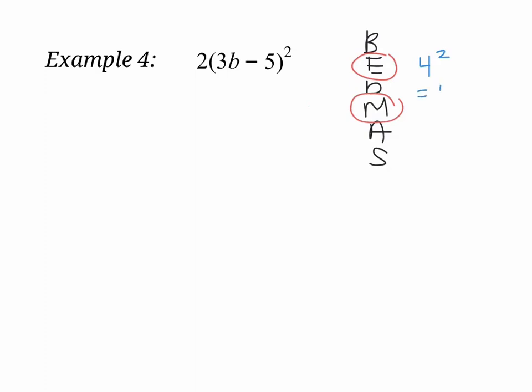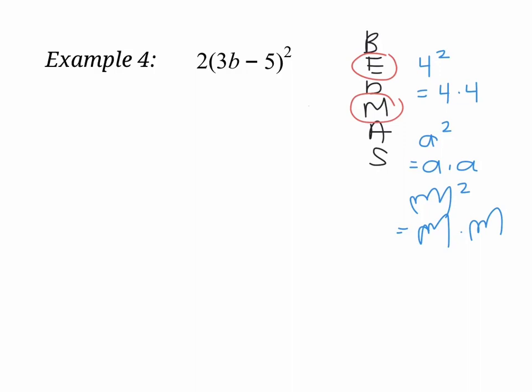And how do you get that? You would take 4 and multiply it by itself, 4 times 4, and that's how you get 16. If I were to give you a squared, what does a squared mean? It means a times a. Or if I have my hand squared, what does my hand squared mean? It means my hand times my hand. So if I have this whole thing squared, that just means this whole thing times itself.